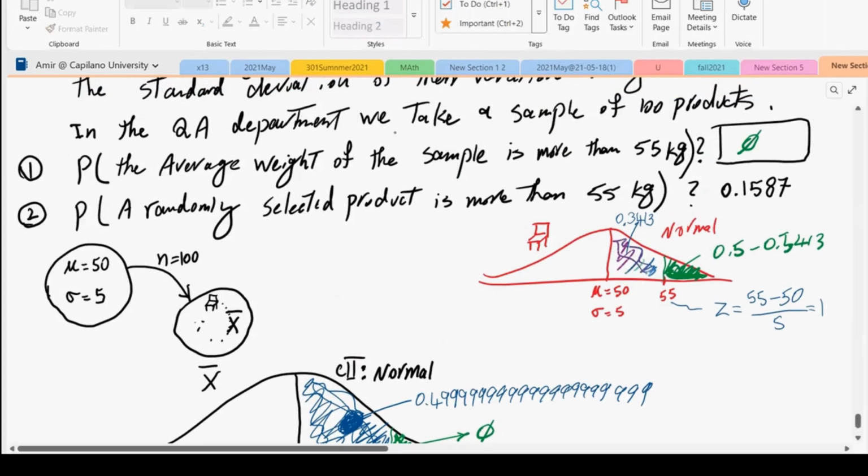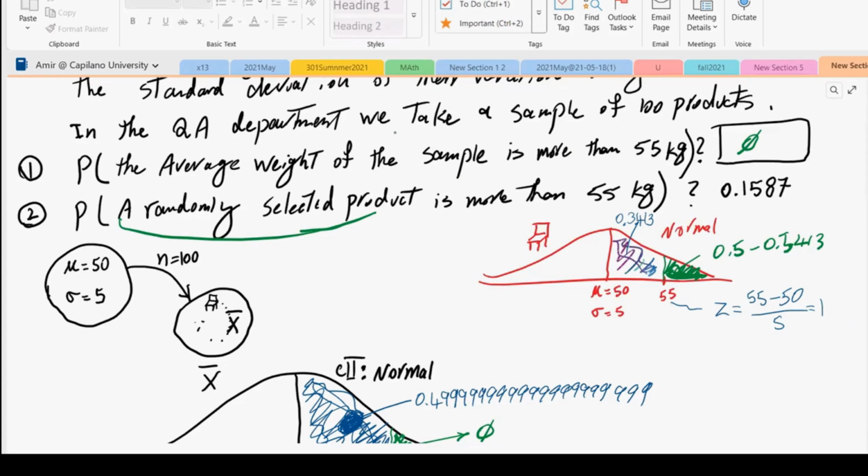And that's a very important lesson. What is the chance that we take one chair out of these chairs and it is heavier than 55 kilogram? Close to 0.1, about 15 or 16 percent.